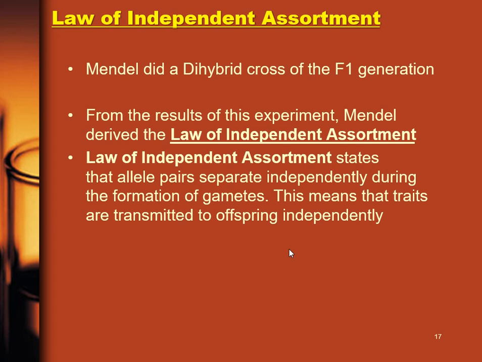It's done independently. Nothing controls which one gets to the egg and fertilizes the egg during reproduction. Everything that happens is done independently. They are not depending on any factor. So that's the law of independent assortment.